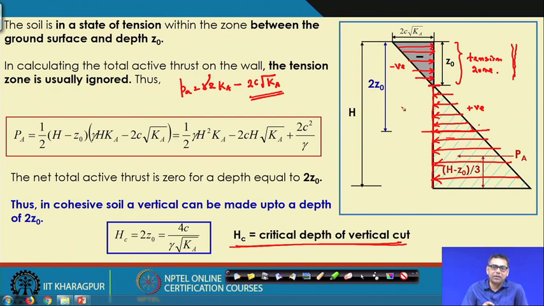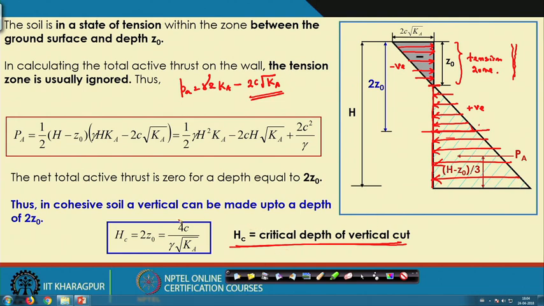That depends upon the amount of shear strength parameter c or phi of the soil and the unit weight of the soil. So, this is a very important concept. This critical depth concept is very useful and very important. And now, there are two cases. One case is that you have to draw the earth pressure.